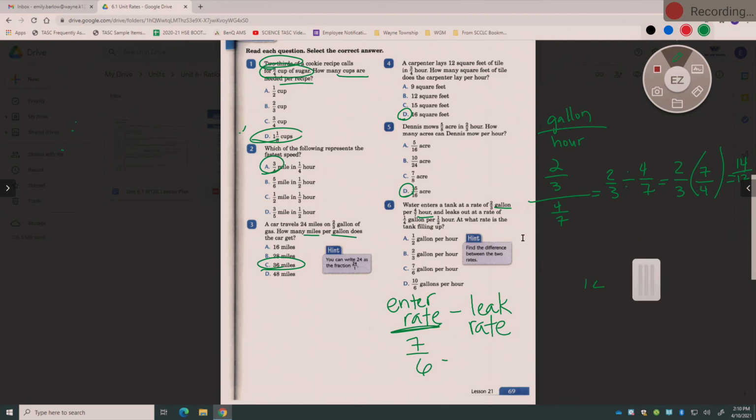Now, finding my leak rate, it's still going to be gallon per hour. So my leak rate is 1/4 gallon per half hour, which is the same thing as saying 1/4 divided by 1/2, which is also 1/4 times 2/1, which is 2/4, but 2/4 can be reduced.